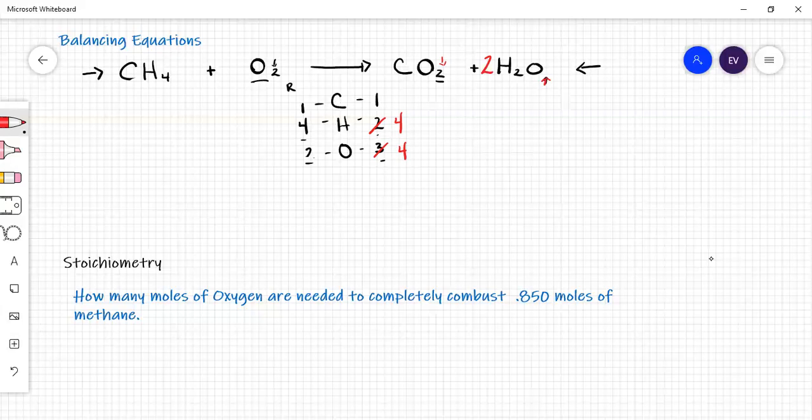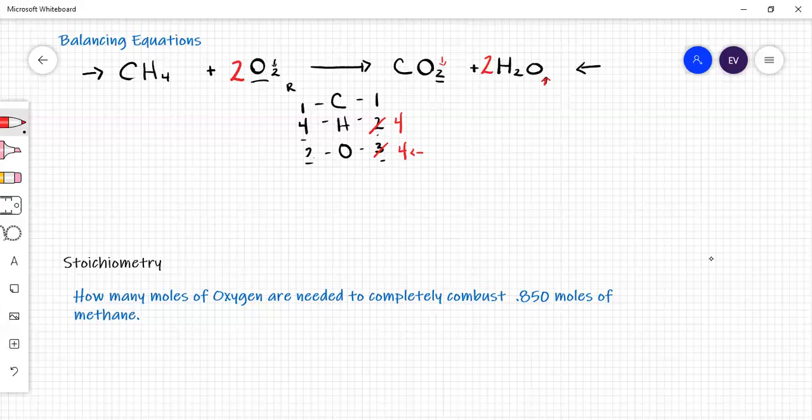So by putting one atom into balance, I've thrown another atom further out of balance. Now I have to go back and rebalance the oxygens. If I have 2 oxygens, what coefficient can I multiply by 2 to get 4?